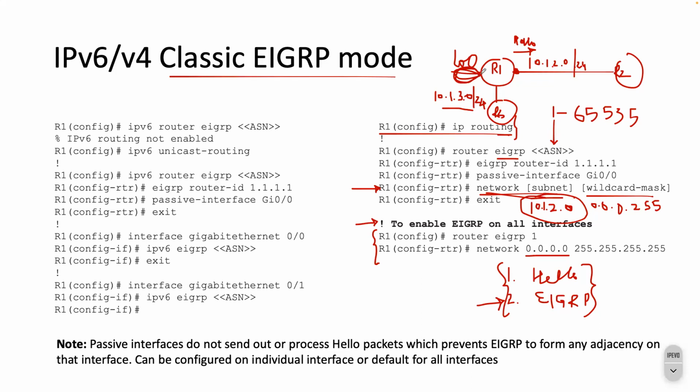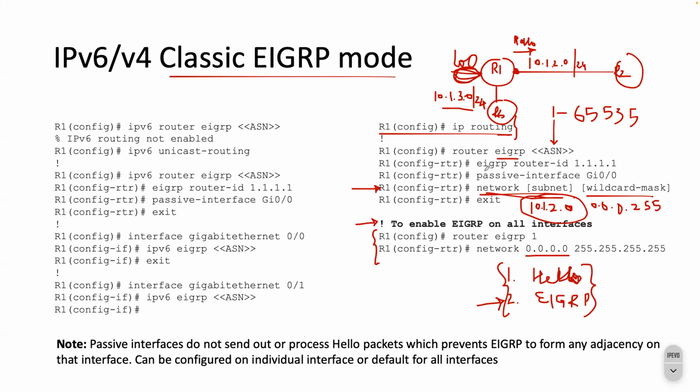Because loopback is nowhere connected. It does not have any other end. It is just on this router only. It's not a link basically. But this network will be advertised, right? Correct. If it is part of my network statement, it will be advertised, and it will try to send hello packets also out of this loopback interface. It will try, but they are a waste.